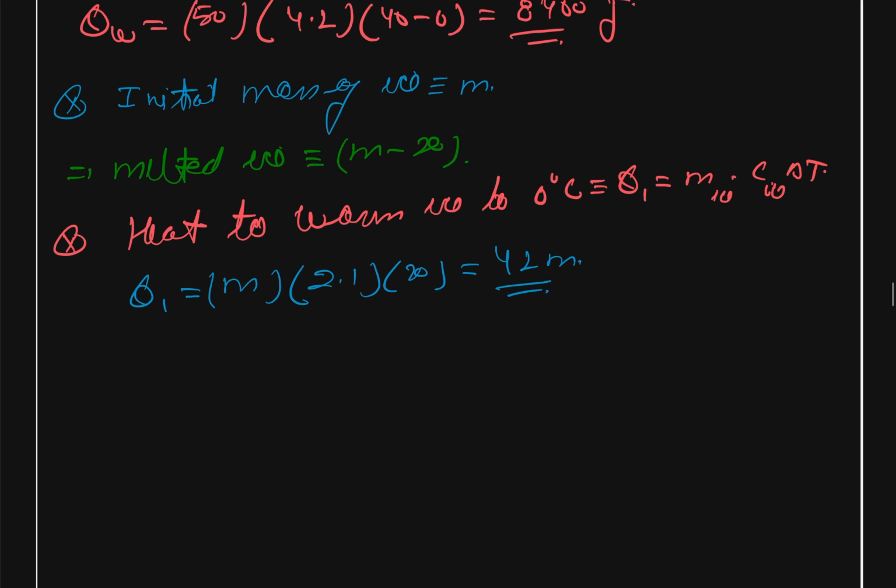And then we come to the melting of the ice. So we can say heat to melt ice, let us suppose that is our Q2 will be equal to the mass of the ice melted multiplied by its latent heat of ice.